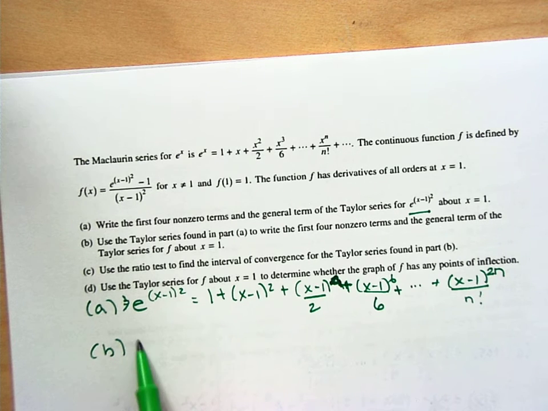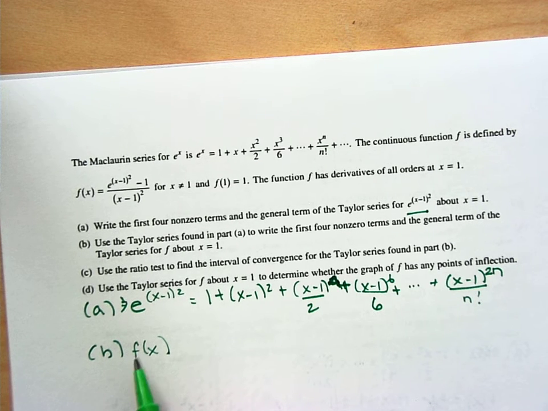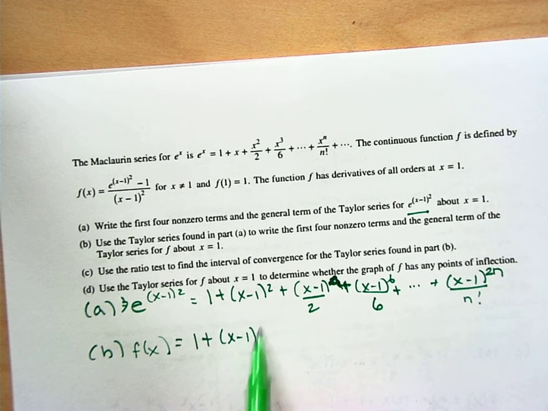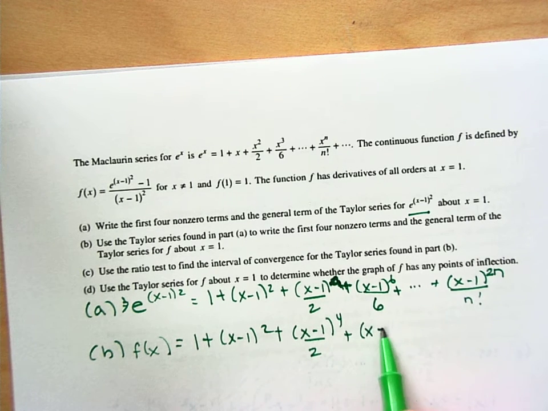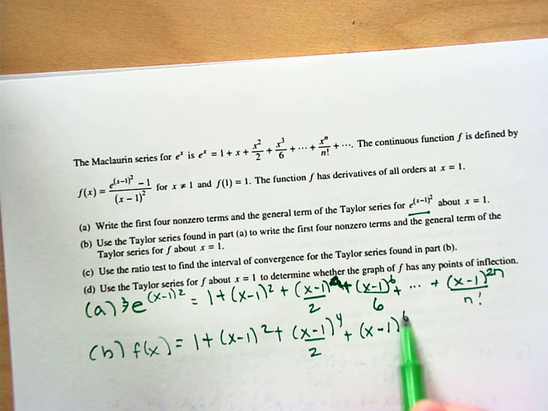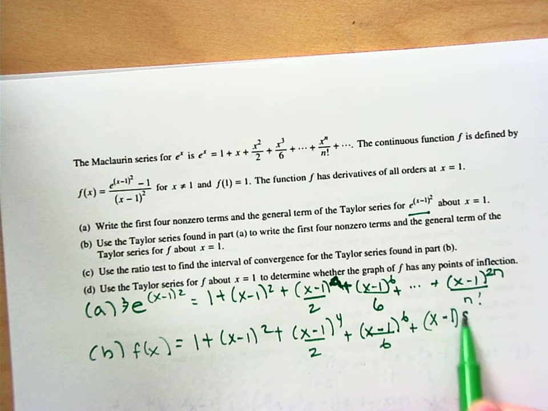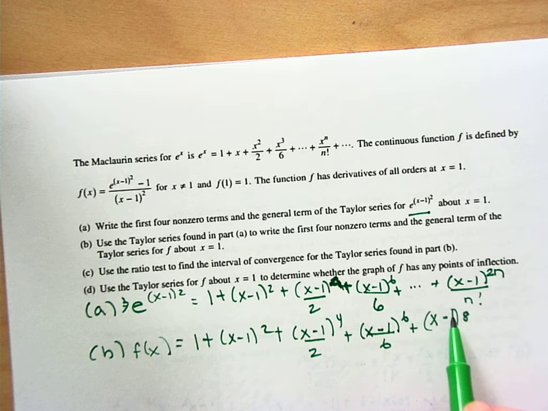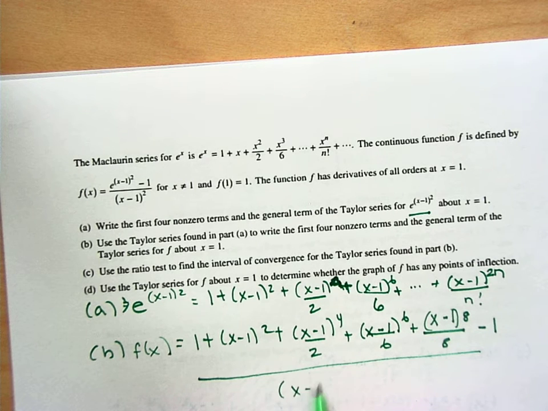So f of x is going to equal, I'm going to take the first few terms: 1 plus (x minus 1) squared plus (x minus 1) to the 4th over 2 plus (x minus 1) to the 6 over 6 plus (x minus 1) to the 8 all over 8, and then we're going to say minus 1 all over (x minus 1) squared.